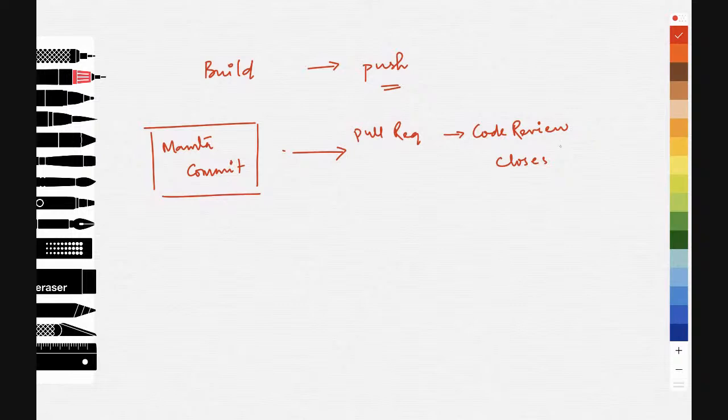Then this code would be taken by the main branch or whatever branch I am checking in. Arrow mark looks really weird. Okay. It would be picking up this. So this master branch would pick up only when the code review is done.